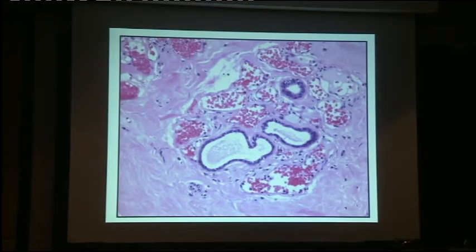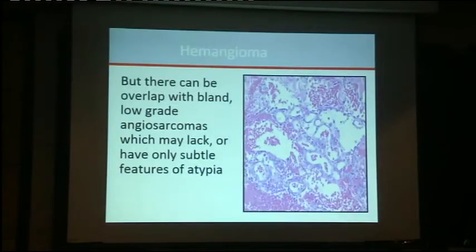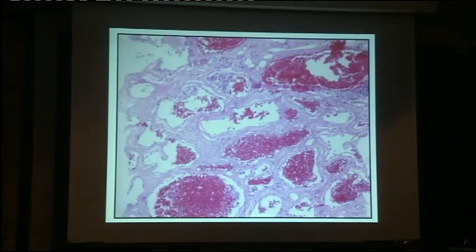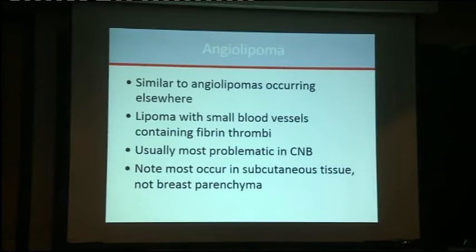So these are individual vascular spaces without any anastomosis. And sometimes the low-grade angiosarcomas mimic these hemangiomas. Again, this anastomosing feature is very important. This is a core biopsy of a lesion, and you can see these vascular spaces containing red blood cells. Again, it's very bland looking, and so this is an angioma.